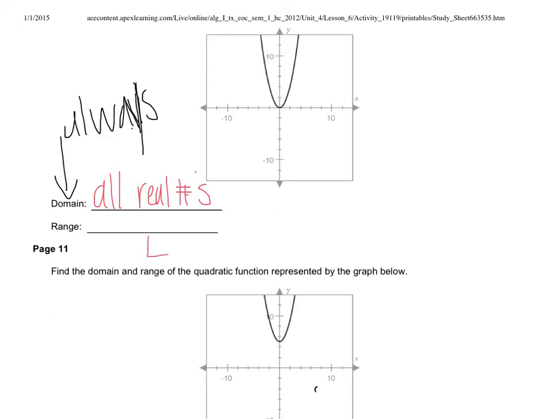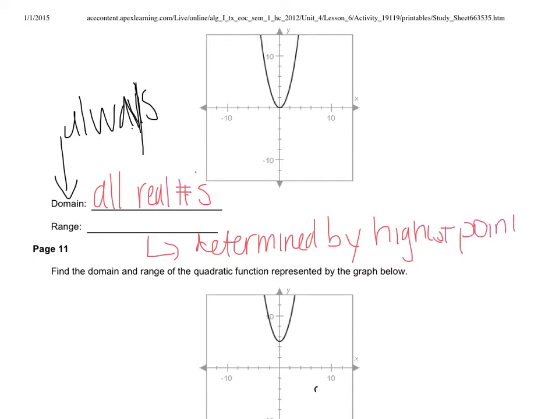Our range is determined by either the highest point, that's if the parabola looks like this, or the lowest point. And that's if it looks like this.